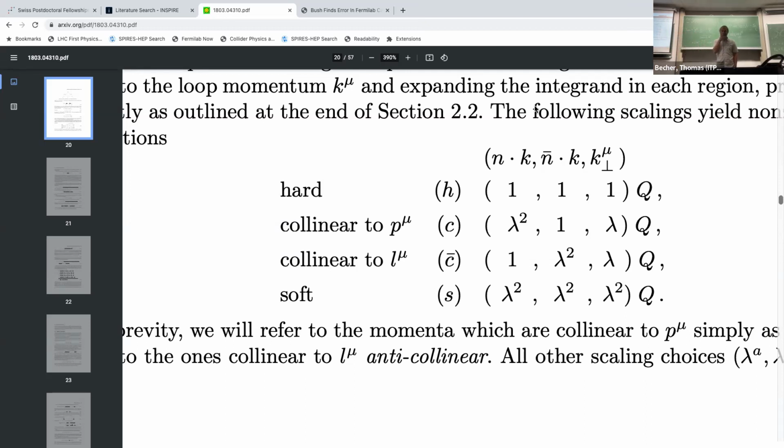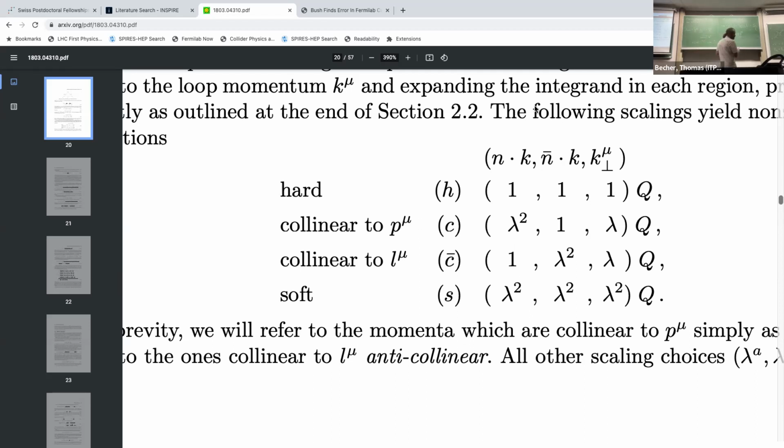So basically, what does lambda here? Lambda squared is the off-shellness squared divided by q squared, or the invariant mass squared of the thing that comes from the left and right divided by q squared.